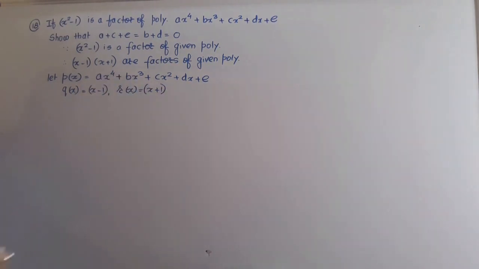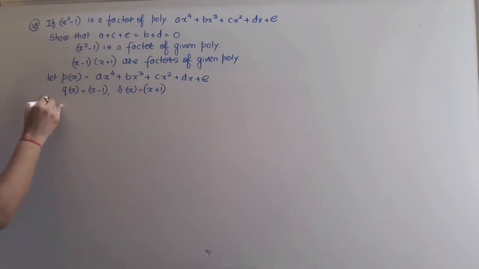Now I will find the remainder when p of x is divided by q of x, and when p of x is divided by r of x. And those remainders I will suppose R1, R2. Later on R1 and R2 would be considered as 0 because both are given to me as factors. Okay, so now I will do this process a little bit quickly.